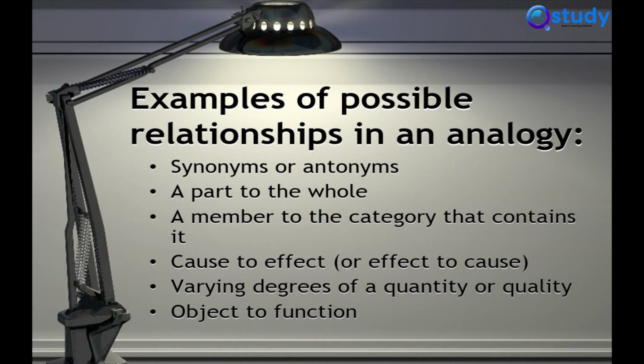And then object to function, like what is the function of our ear? It is to listen or to hear. So the question will be like ear is to hear, as eyes is to see. So we have to choose the right answer. The right answer will be C. So such relationships will be given.